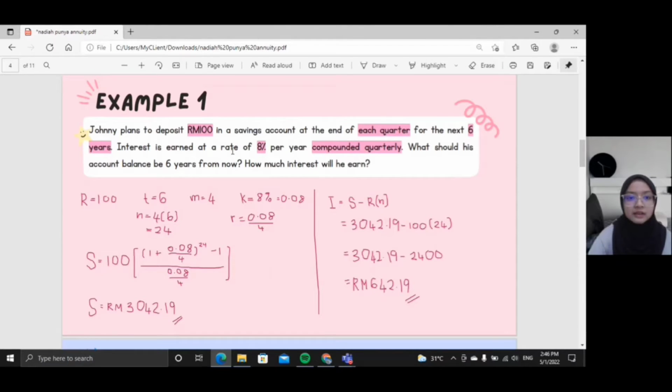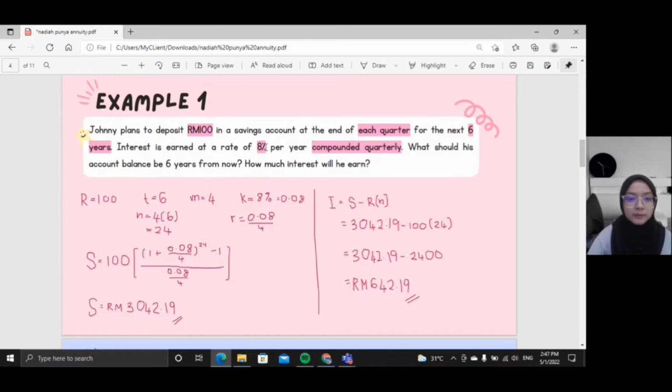Interest is earned at a rate of 8% per year, compounded quarterly. What should his account balance be 6 years from now, and how much interest will he earn? So we have two questions here. The first question is the account balance 6 years from now. We will answer it one by one.